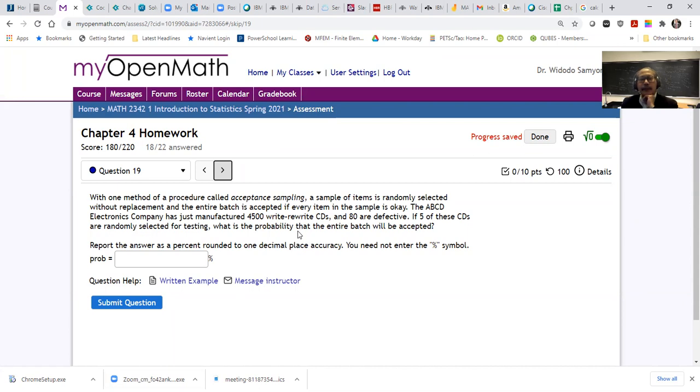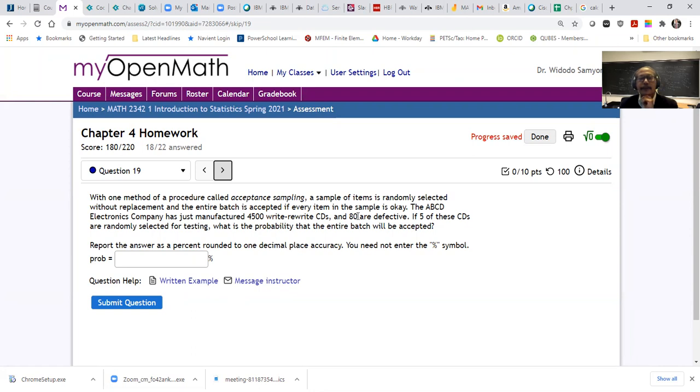So the answer will be, you need to find the probability to get a good CD, right? And then multiply by... to get the good CD, you need to subtract the bad CDs, right?